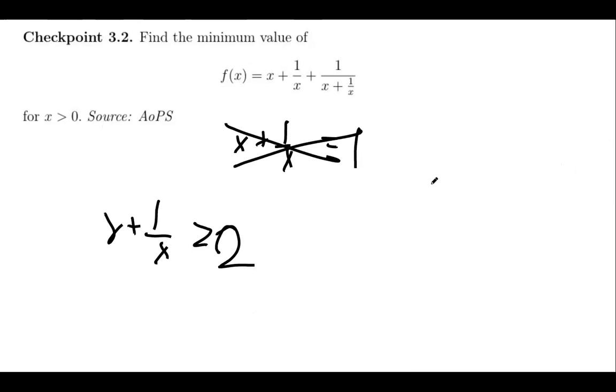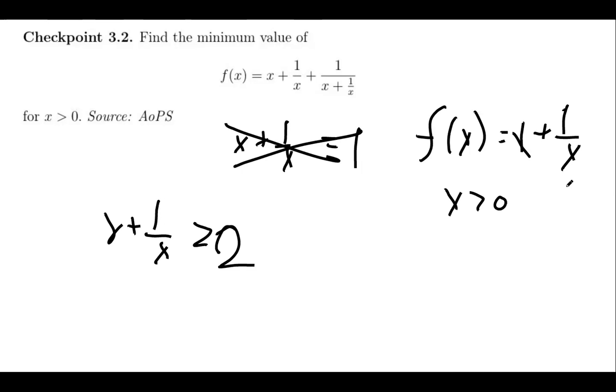And then, in general, if we look at the function f(x) equals 1 over x plus 1 over x, for x greater than 0, f(x) is always increasing, since as x increases, the function increases.